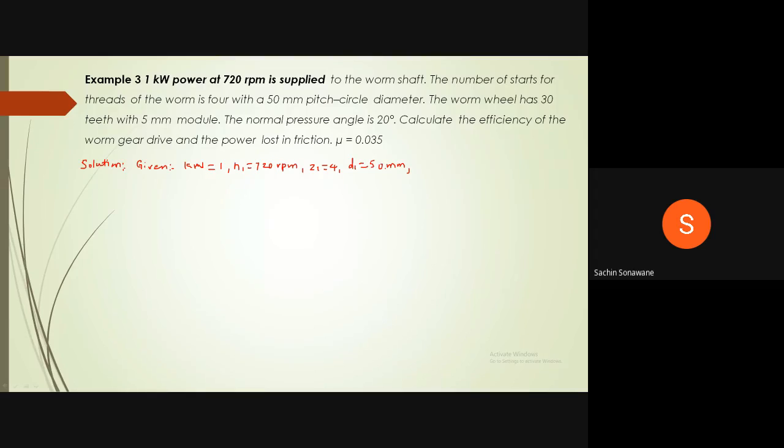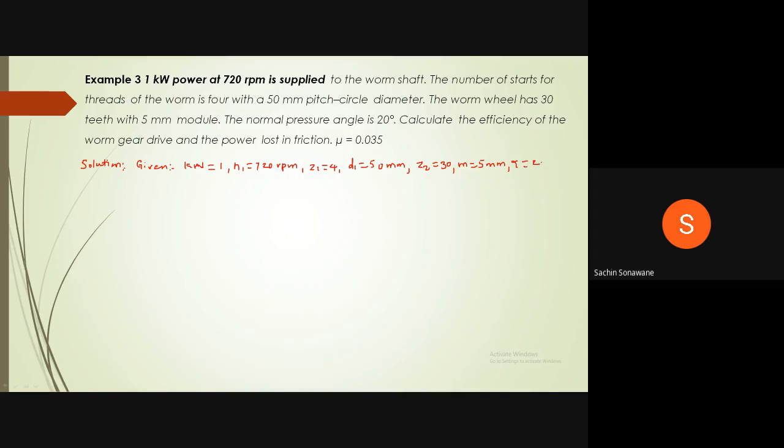Then the worm wheel has 30 teeth, that is Z2, 30 with 5 module. The pressure angle is 20 degree. Pressure angle is denoted by letter alpha.